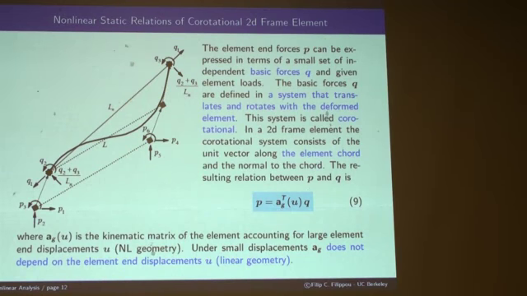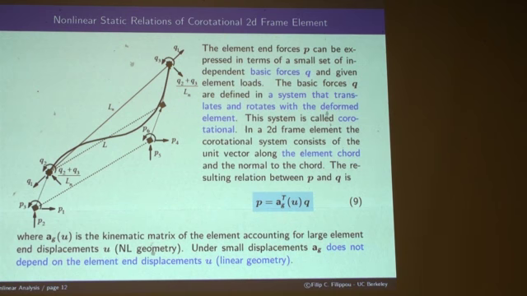Why are there only 3 independent forces as opposed to the 6 end forces P? Because you need to satisfy equilibrium. These forces P, acting on the element free body, need to satisfy certain relations to satisfy the element equilibrium. So you cannot pick them independently. Only 3 are independent, and the other 3 are dependent on them.